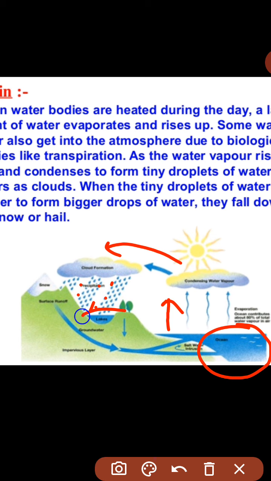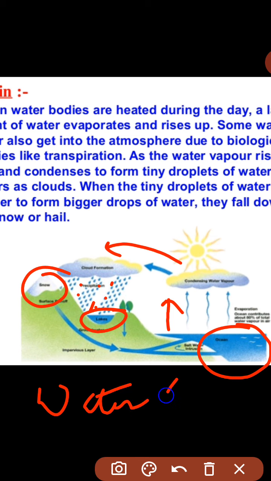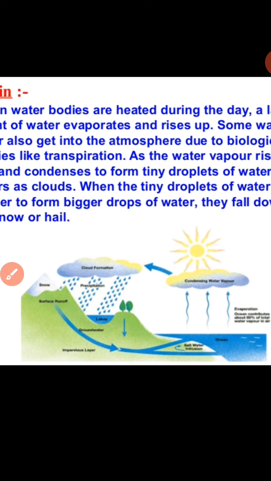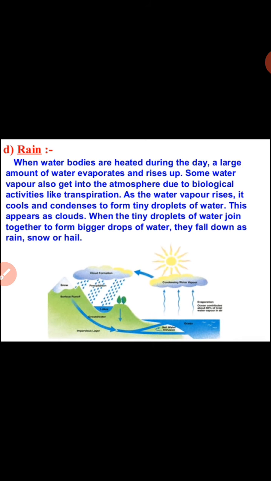This is how the lakes and the water bodies get filled up. Some of the water from the clouds falls as snow, and this is how the water comes back to the earth. This is called the water cycle. Correct? So this is how air helps us to form the water cycle.